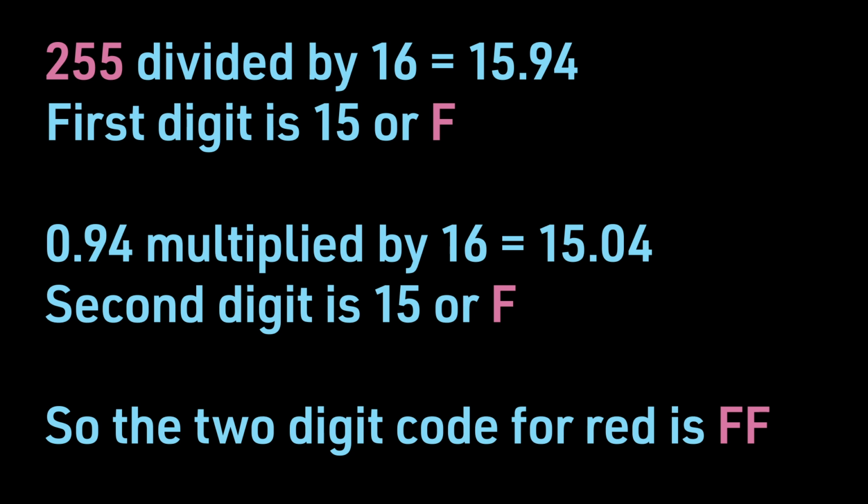This would mean the first digit is 15, or the letter F. We would take the fraction 0.94, multiply it by 16 to get 15.04, and that second digit would also be 15, and also be the letter F. So for the red, we would get a combination of the digits FF.